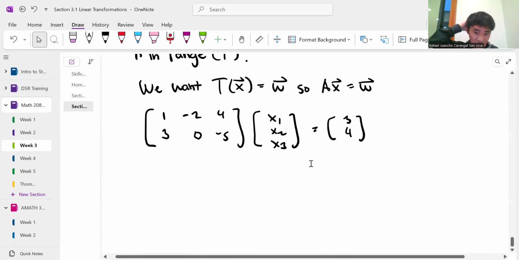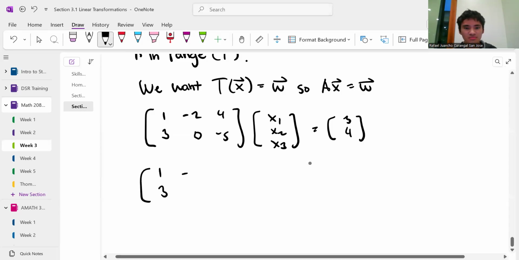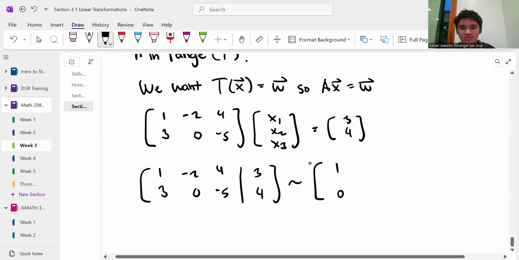So we have to solve this, basically. We can do Gaussian elimination. Let's do that, actually. And this will lead us to this one, which is already in echelon form in this case.